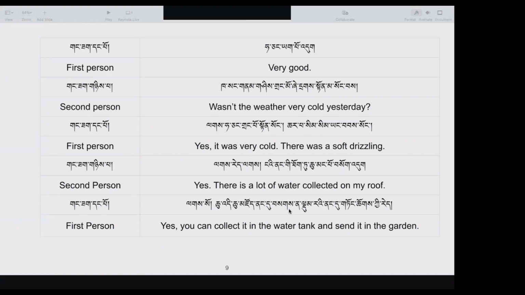Saba means to collect. Chuzu means water tank. So chuzu and chura. Chura means dam, and chuzu means water tank. So we have those water tanks on the top of our house.